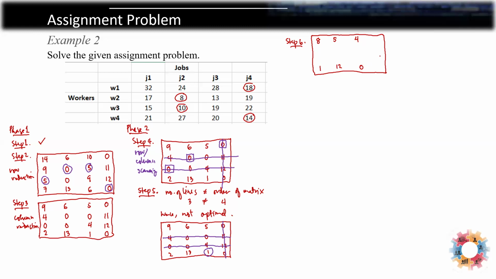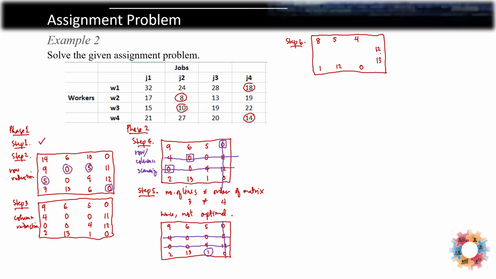And then let's look into the intersection of the lines. We have this 11 and 12. According to step number 6, for the intersection, we're going to add the smallest number. So this will become 12 and then 13. Okay, 13.